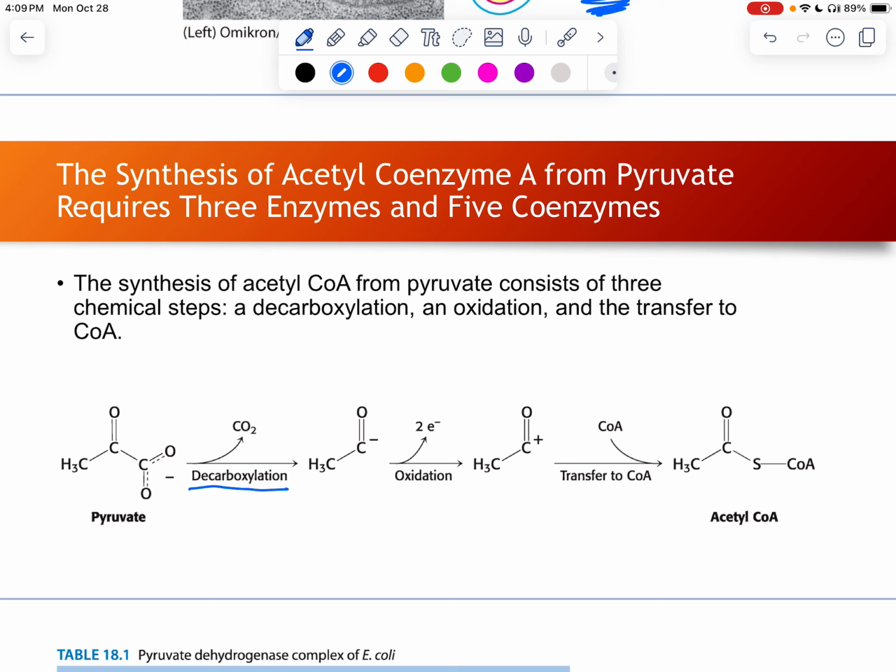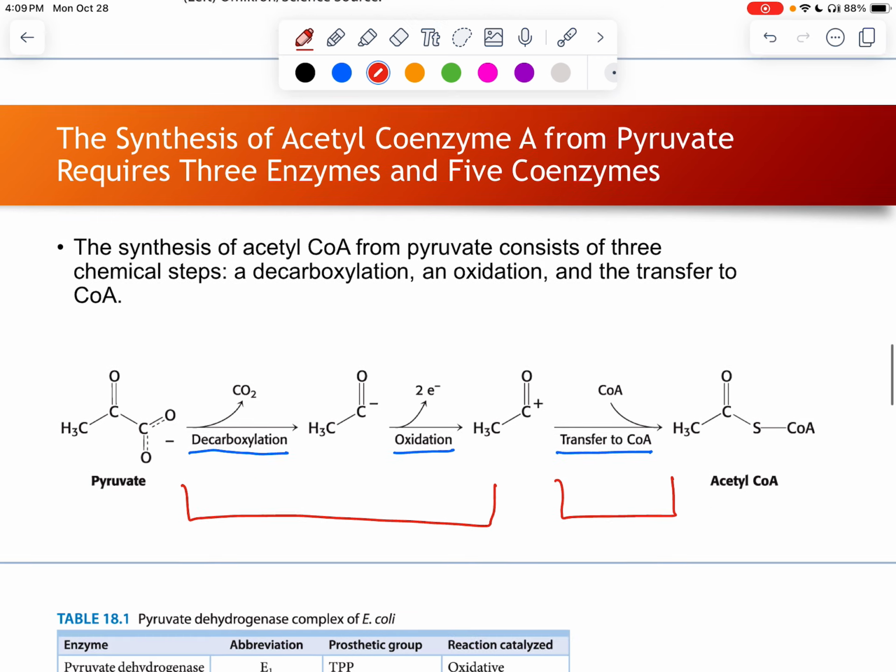We're going to oxidize that, remove some electrons, and then we're going to transfer that group onto that coenzyme A. So these first 2 steps happen in one of the enzymes. This third step happens in another enzyme. And then that third enzyme regenerates the various cofactors. And we're going to take a look at that in more detail.